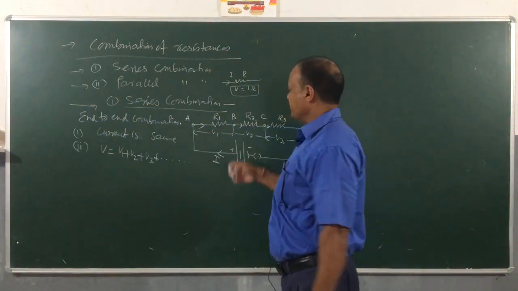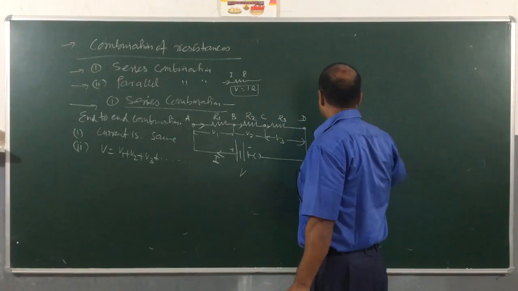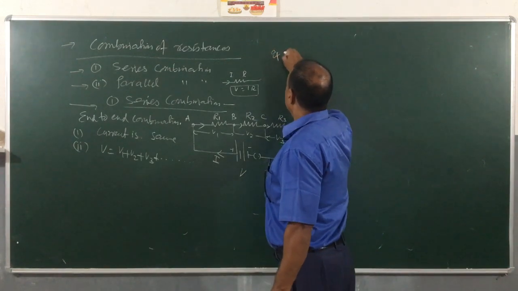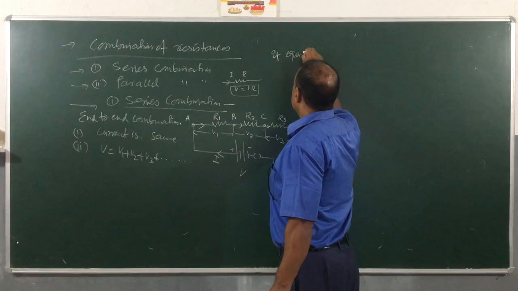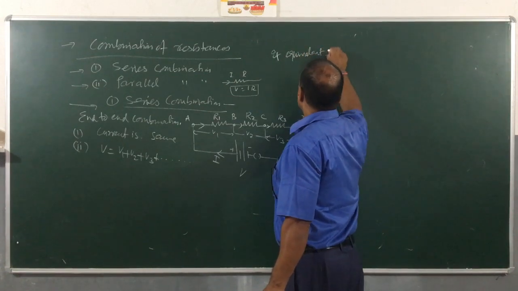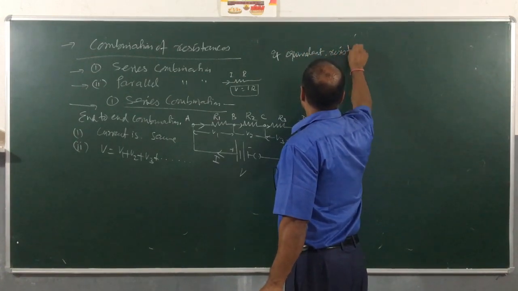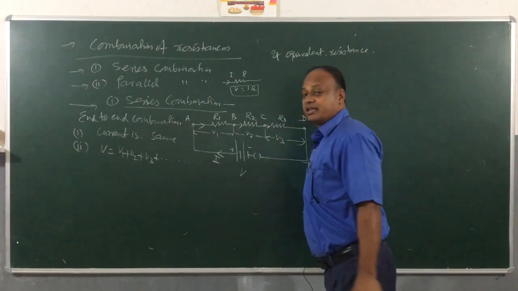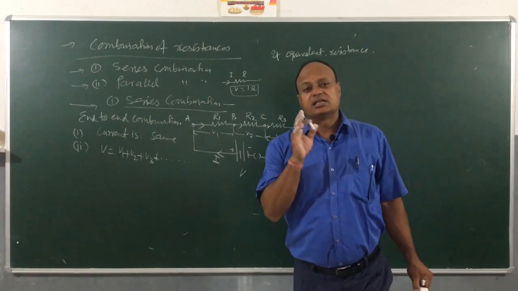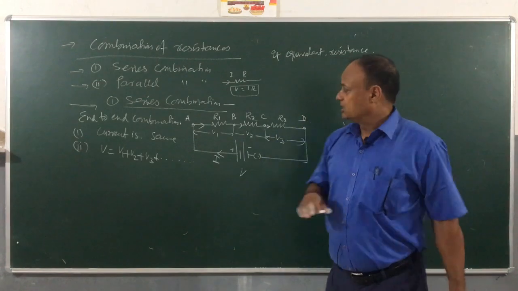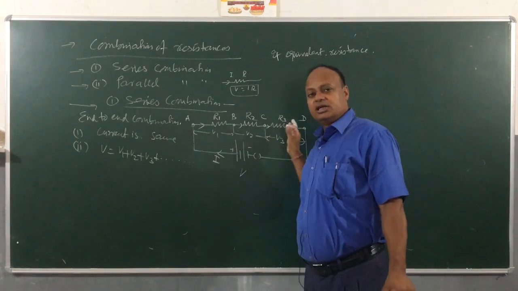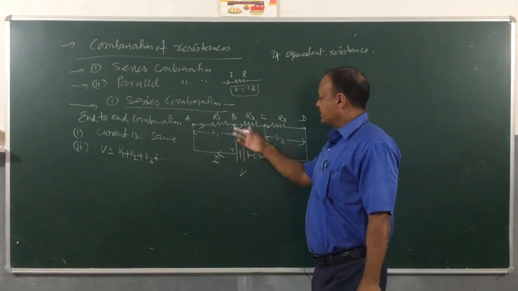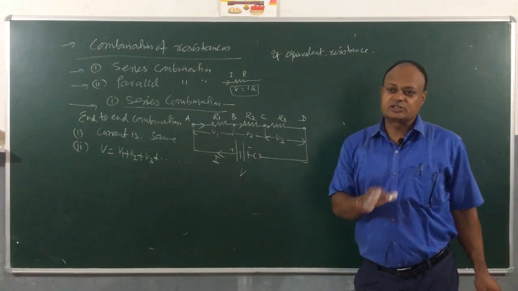Okay, so let us calculate equivalent resistance from here. Now what is equivalent resistance? Equivalent resistance merely means the effective resistance that we will get by combining all these resistances together.